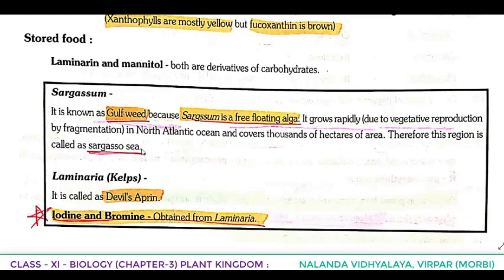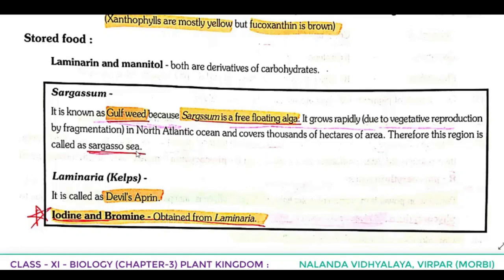What is it known as? Sargasso Sea, because mainly Sargassum, the free floating alga, is present and it covers thousands of hectares of area because of the vegetative reproduction by fragmentation, also known as gulf weed.